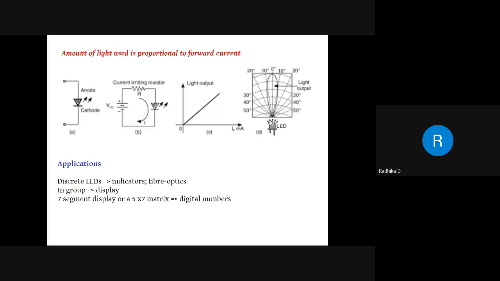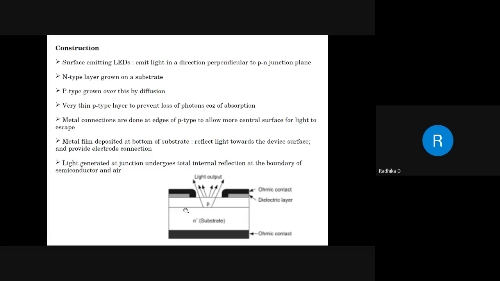What is going to happen is that whatever light is produced in the case of LED can go out through that. It can go out through this gap. That outer layer is a big point.